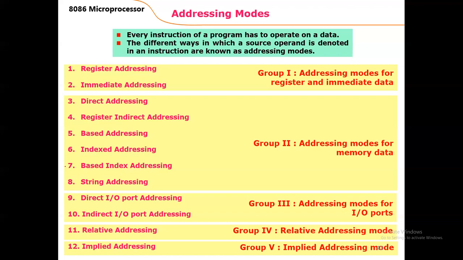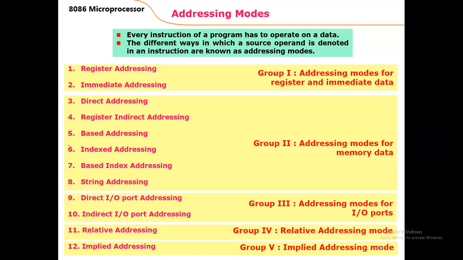Suppose XOR and OR, these are logical instructions. Arithmetic instructions are addition, subtraction, multiplication, division. Okay, so different categories have different instructions.